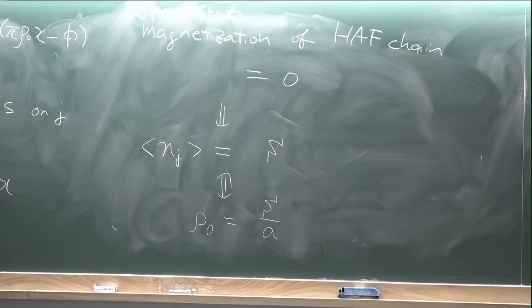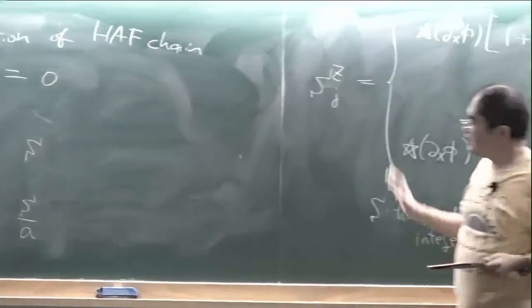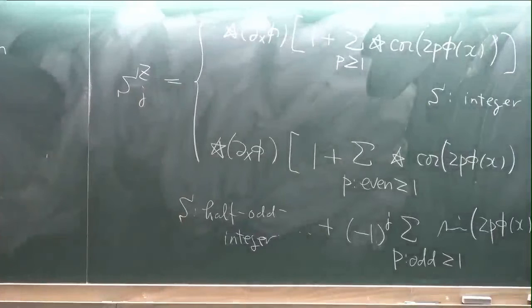Basically, if S is integer, then this phase factor becomes always 1 at the boundaries of the unit cell. So basically, you can ignore the phase factor. But for half odd integer spin, you have a different factor depending on the location of the unit cell. And then, this S^z itself doesn't appear in the Hamiltonian, but the Hamiltonian had an interaction term like S^z.